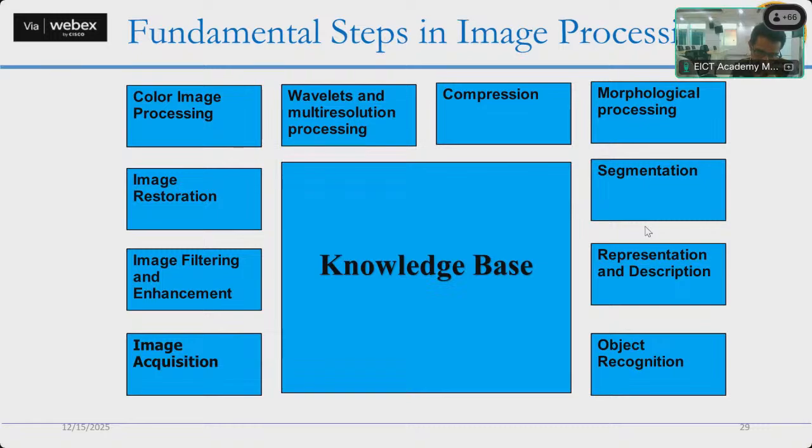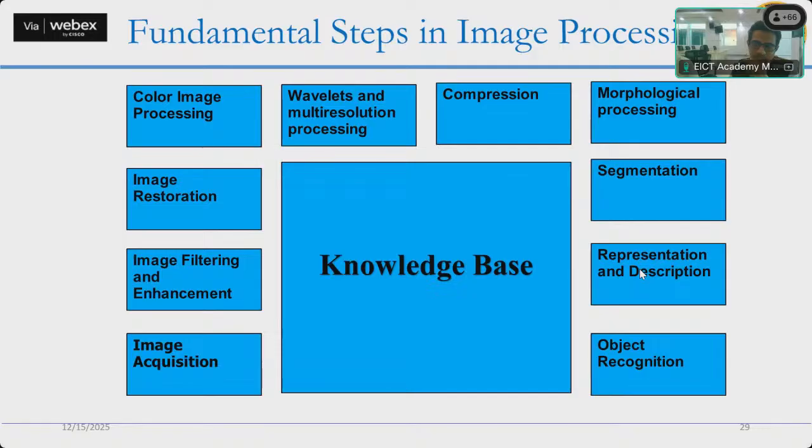For example, I am interested in detecting a tumor, whether the image contains a tumor or not, and if it has a tumor, I want to further analyze that part of the image. So first, I need to segment out the part which contains the tumor. That is basically segmentation.